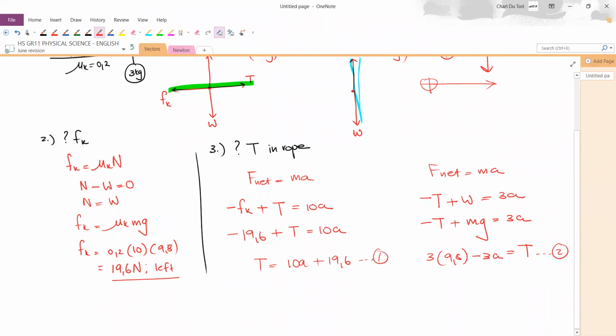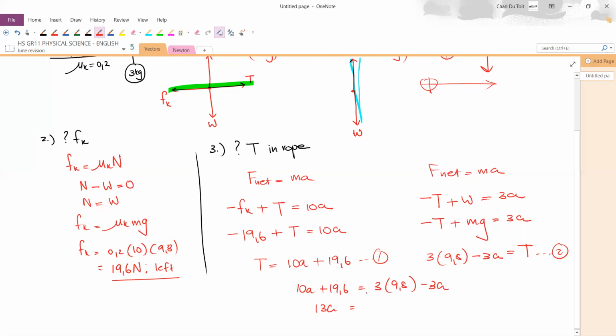And then I'm just going to make them equal to one another. Because I made T the subject of the equation, I can just set those two equations equal because both of them are T. So 10a plus 19.6 is exactly the same as 3 times 9.8 minus 3a. So I've got 13a this side, and then I just do 3 times 9.8 minus 19.6.